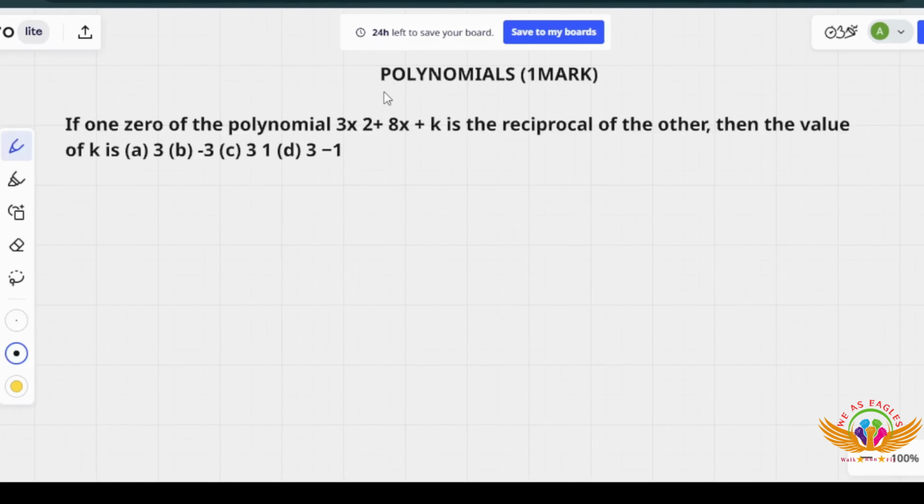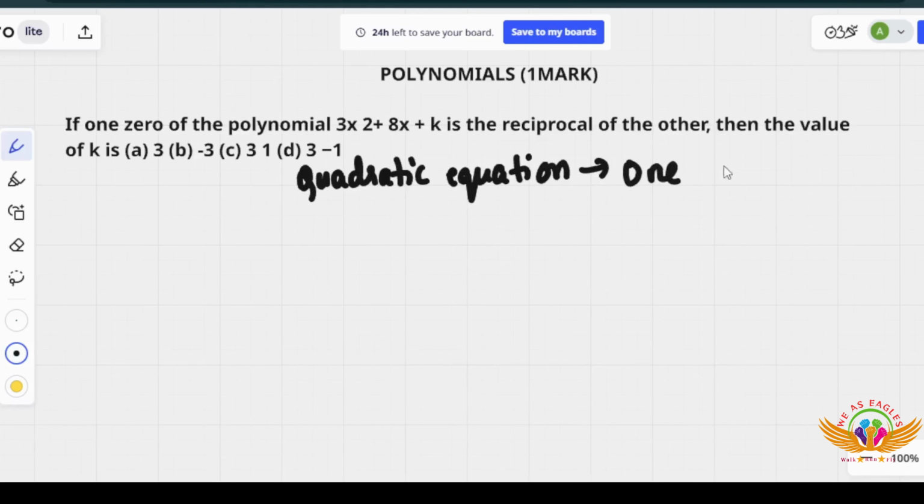What is the meaning of polynomial? A polynomial is nothing but a quadratic equation, one kind of quadratic equation, but here we have only one variable, that is x. You need to observe that a polynomial is also a quadratic equation with one variable x.